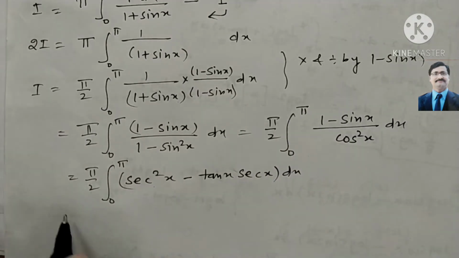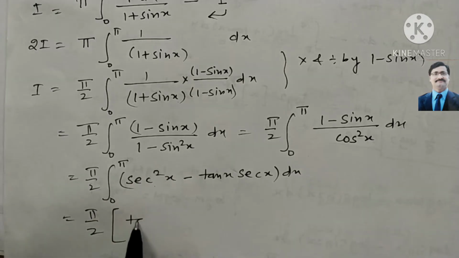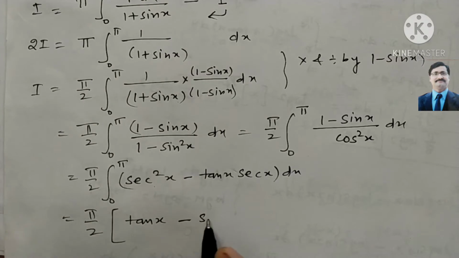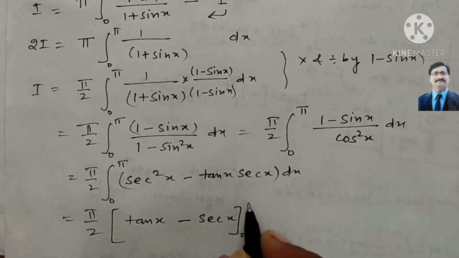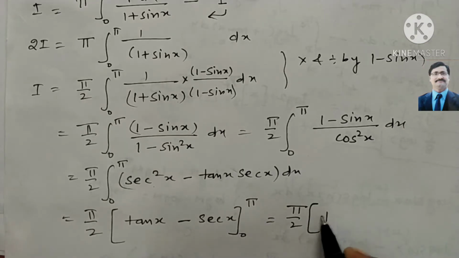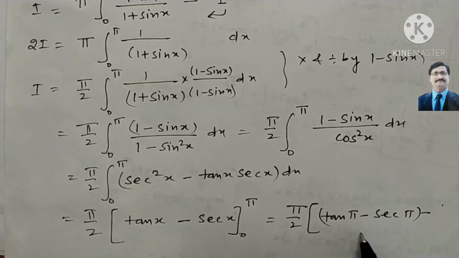Now these integrals are standard integrals. We already know the integral of sec square x is tan x, and the integral of sec x tan x is sec x, and the limit is 0 to pi. So first we put pi, so we get pi by 2 times (tan pi minus sec pi). Then we put 0, so we get tan 0 minus sec 0.